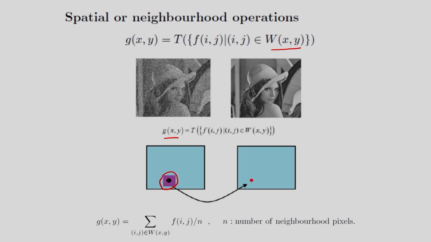That is called the neighborhood operations. I can give one example of the neighborhood operation here. The input image is f(i,j), divided by n, that is the number of neighborhood pixels, and I am considering one window. The window is w(x,y), and I am getting the output image. The output image is g(x,y). So this is one example of neighborhood operations.